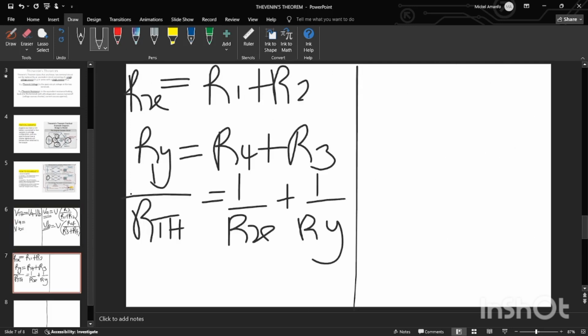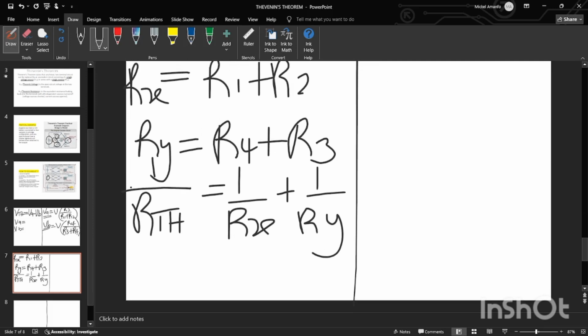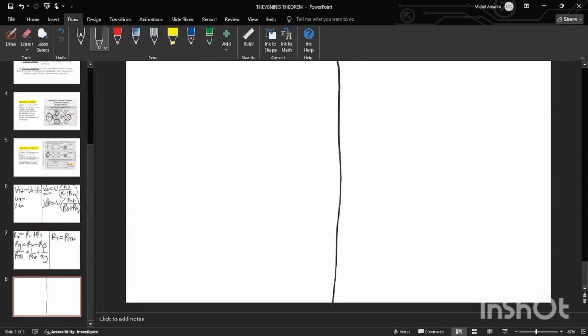In the Wheatstone bridge, to find the total resistance, you have to first add them in series, then we add both sides at the terminals in parallel. So here we know that the total resistance is equal to the Thevenin resistance.